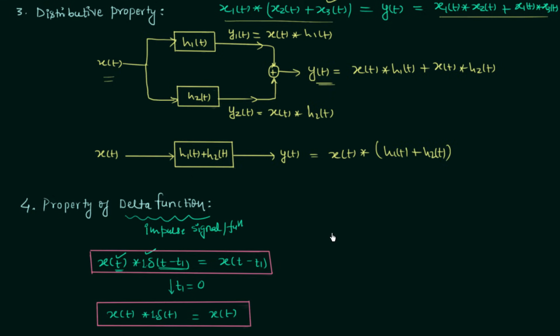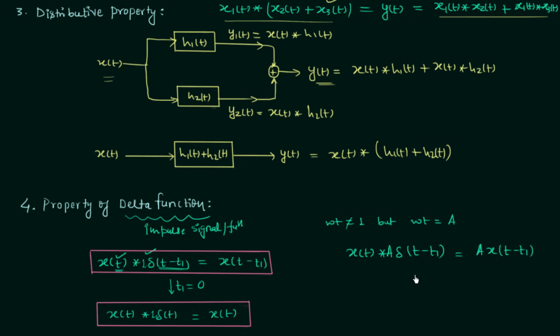But if weight is not equal to 1, but the weight is equal to some value, let's say a, then we will have x(t) convoluted with delta(t minus t1). The weight will be a and it will be equal to a times x(t minus t1).